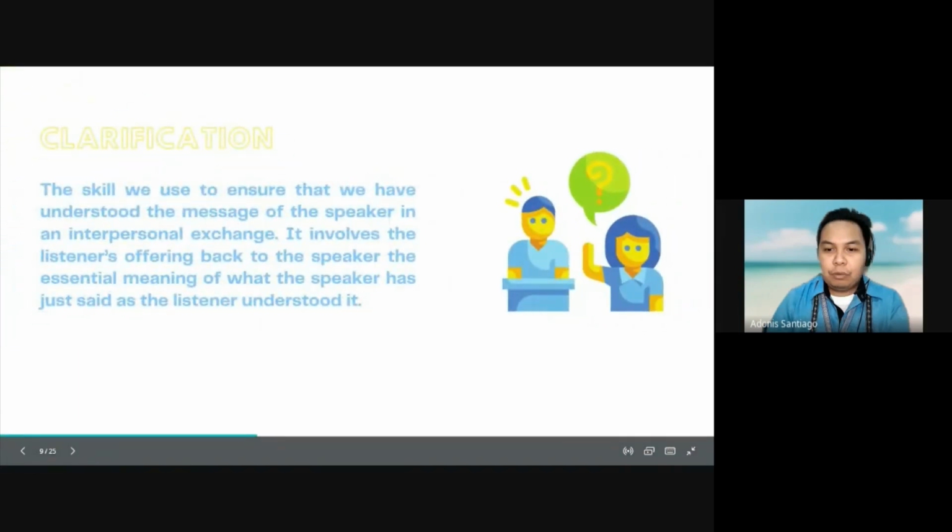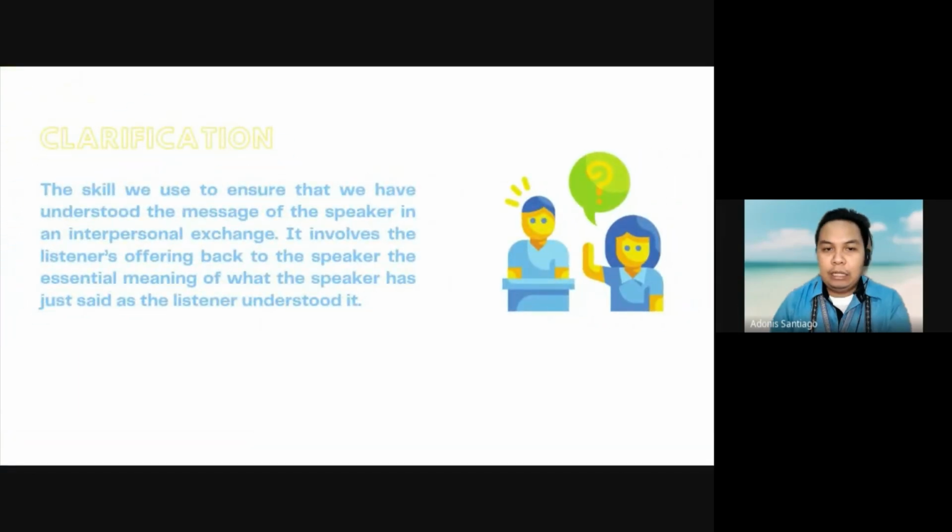Moving forward, we have the skill of clarification. Clarification is the skill we use to ensure that we have understood the messages of the speaker in an interpersonal exchange. Clarification is when we try to clarify the messages sent by the speaker to check if we really understood them properly.